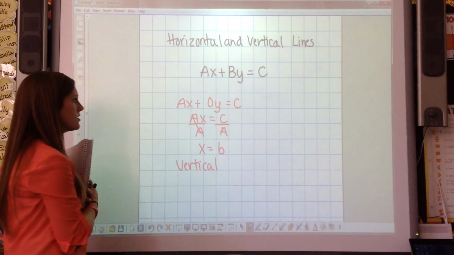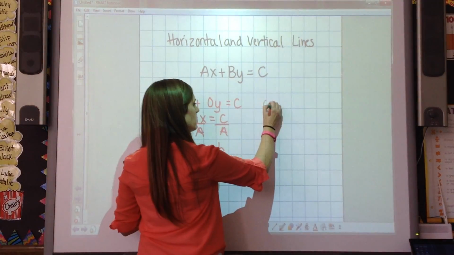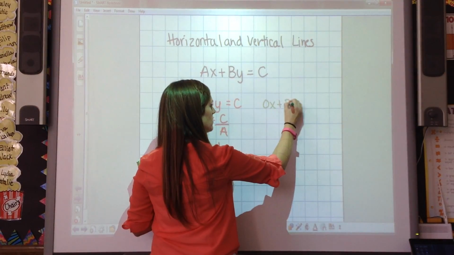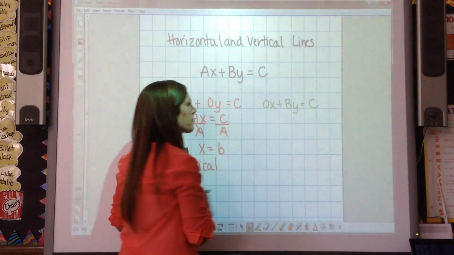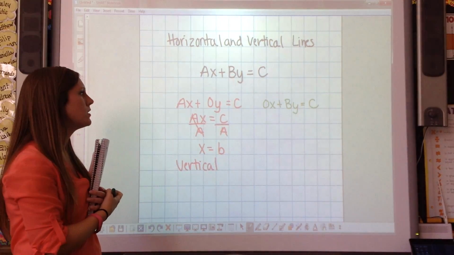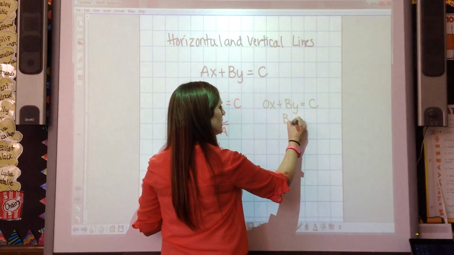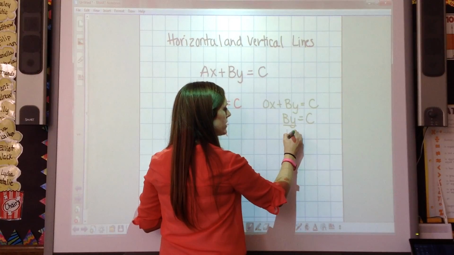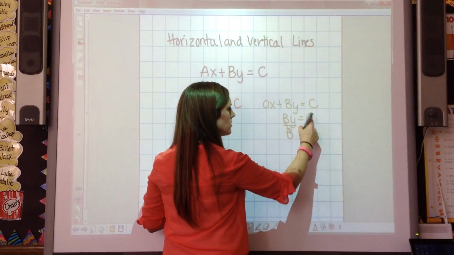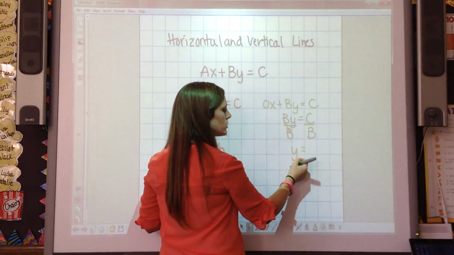Okay, let's do vice versa. Let's say your A value is 0. Anything times 0 is 0, so we're left with By. We want to get y by itself. So here you have C divided by B, any number divided by another number.